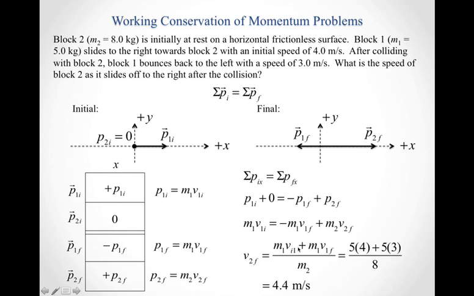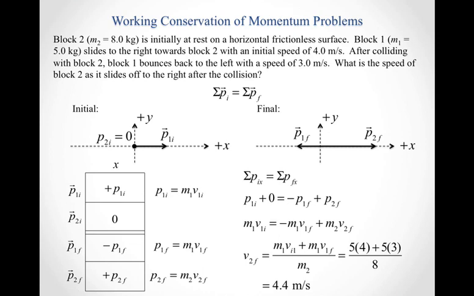One of the things to emphasize is that there are a couple of choices we have in terms of how we could choose to do this. What I'm choosing to do is, if I know what's going on with directions, I'm going to go ahead and put the minus sign out front. So this is the magnitude of that momentum vector, which means this is the speed of block 1 after the collision, not its velocity.